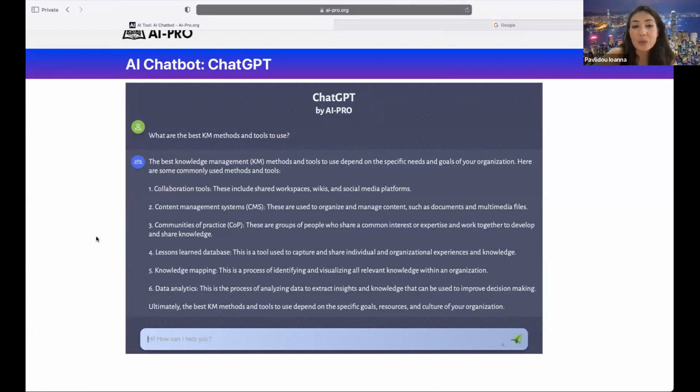These include shared workspaces, wikis, and social media platforms. Content management systems, CMS. These are used to organize and manage content, such as documents and multimedia files. Communities of practice, COPs. These are groups of people who share a common interest or expertise and work together to develop and share knowledge.